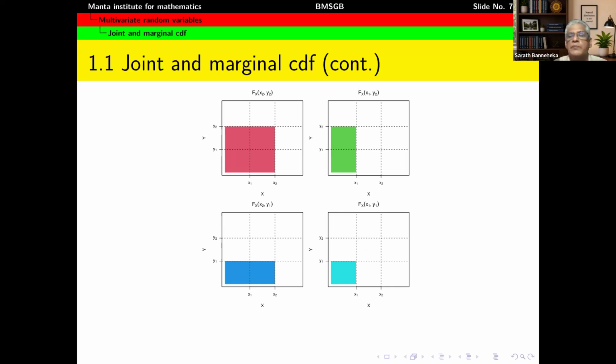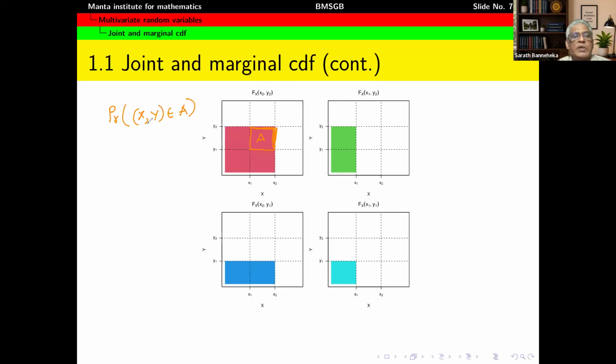What we want is the probability that the (X, Y) point is in this particular area, say A, for example, this area here. Of course, the cumulative distribution function will be over this support.